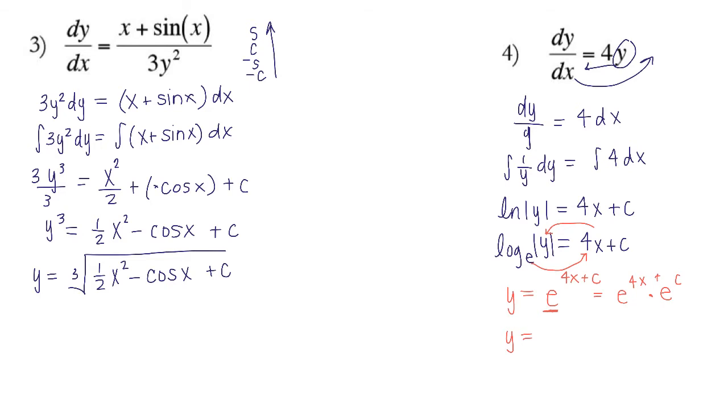So to separate this, this here goes to e to the c power, that's still a constant, times e to the 4x. And again, there's no plus c because that c is built in here.